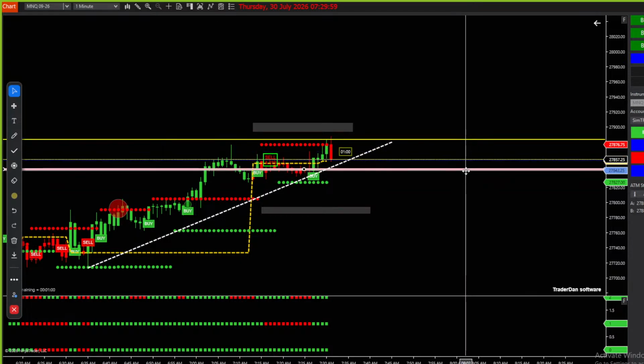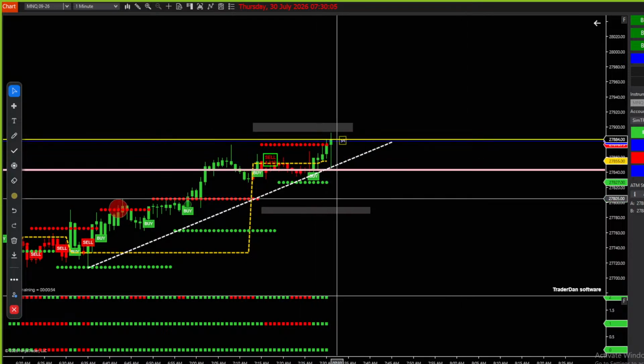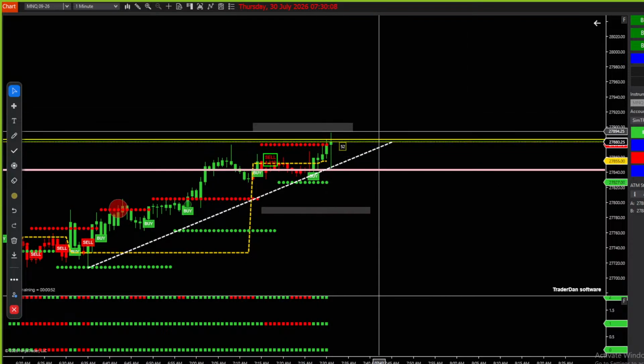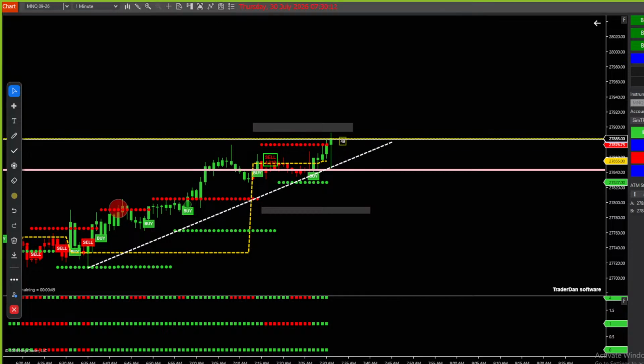All right, market is open. We just hit off of this. We come up into that gray box. The funny part is we're pushing up with a negative delta.